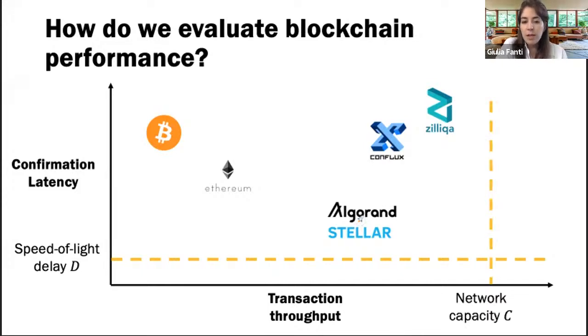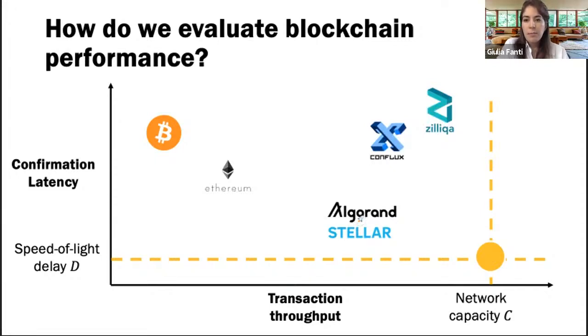We also simultaneously have an upper bound on transaction throughput that's governed by the capacity of our network. We define this as the number of transactions per second that our network can reliably transmit to the rest of the nodes in the network. Okay. So ideally, we would like to be at this yellow point, right? And the question that we set out to answer in this work is how close can you actually get to this yellow point?